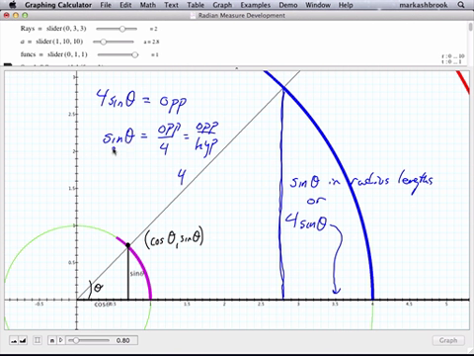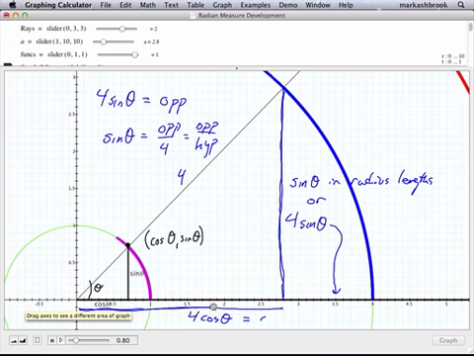So that's why sine theta is opposite over hypotenuse. Okay, and then this right here, what's this dimension right here? 4 cosine theta, which equals? This whole thing is 4 cosine theta. What is it?